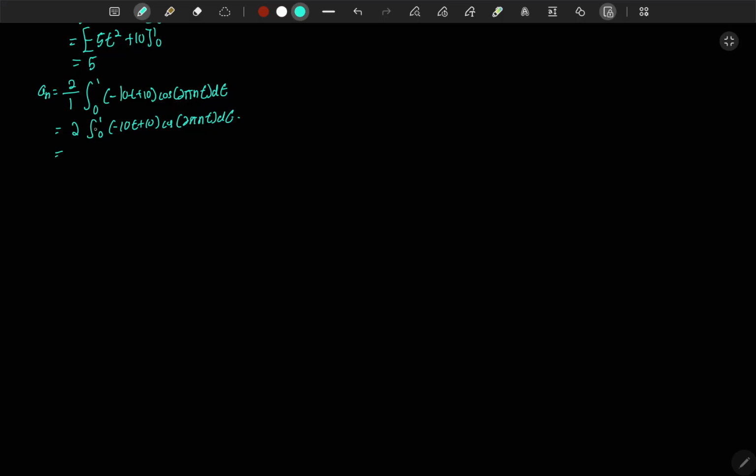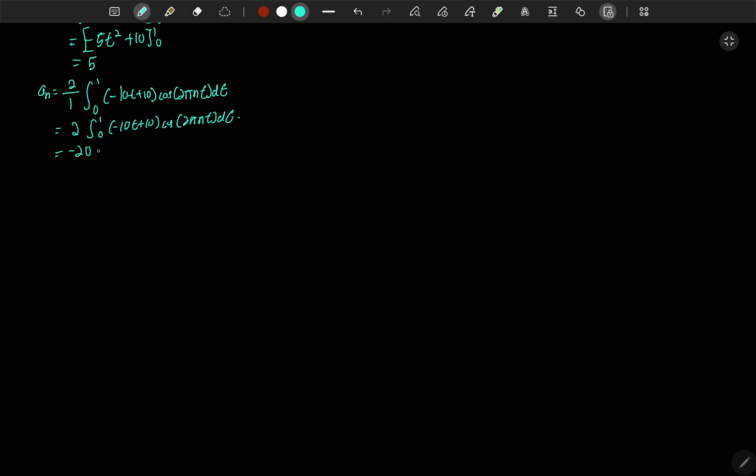Now negative 10, you multiply it by 2, so it would become 2 times the integral from 0 to 1 of negative 10 cos and so on. So this would become negative 20 cos and so on. I'm going to save some time by not writing all of it.